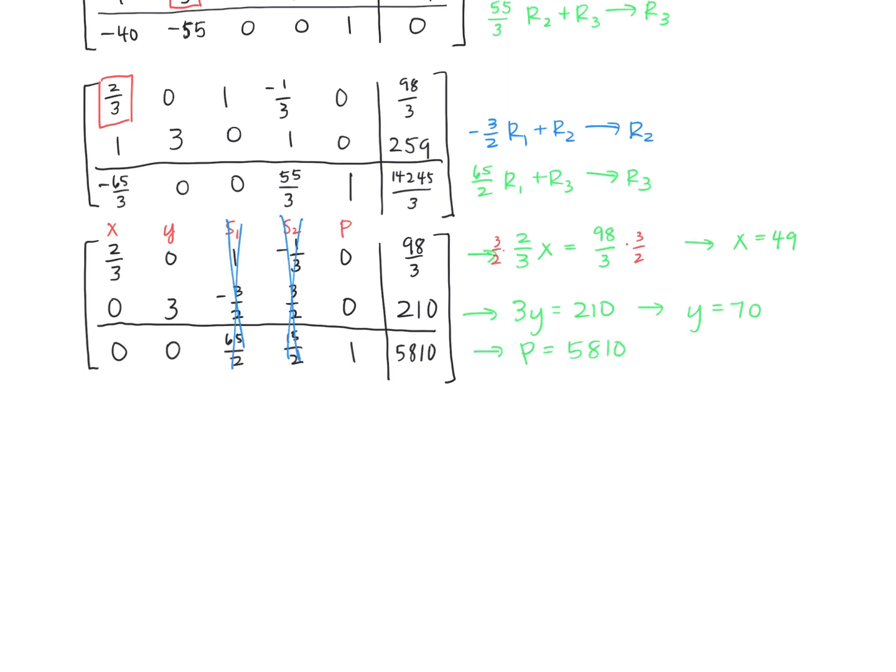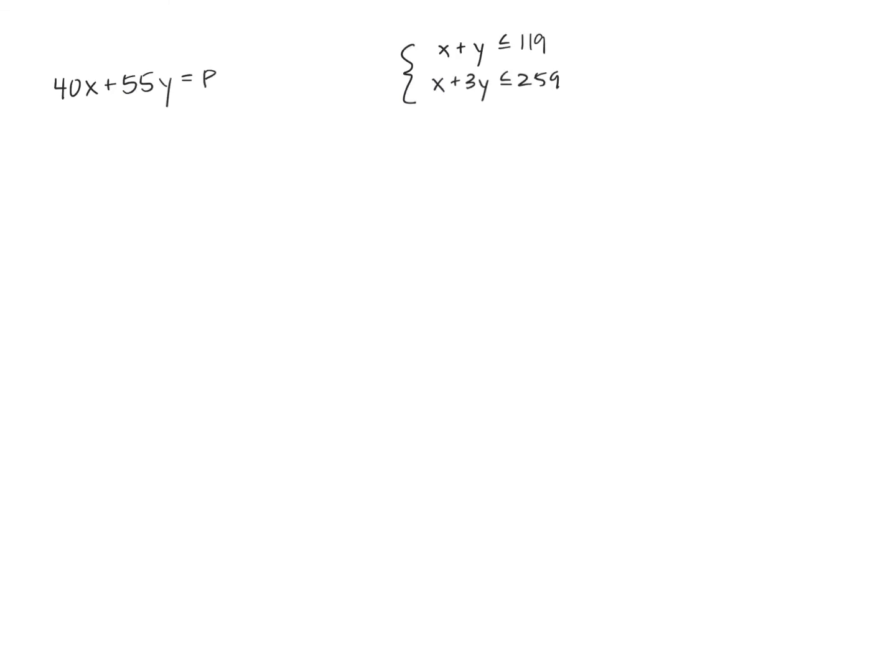And so what this is telling you in context of your problem is X was, let's see, X was consumer printers. So you would make 49 consumer printers and 70 business printers to maximize your profit. And your maximized profit would be $5,810.